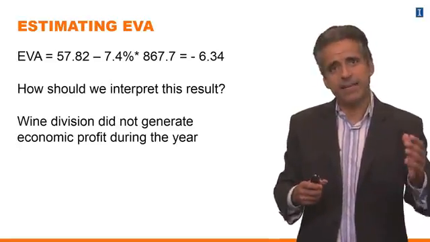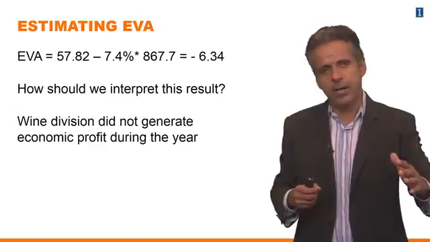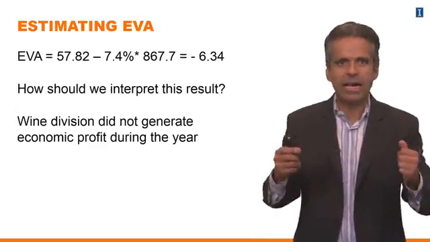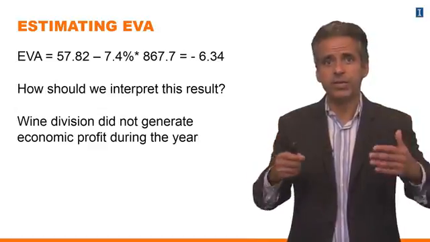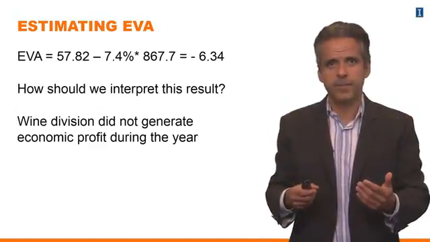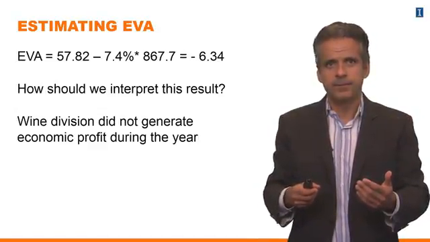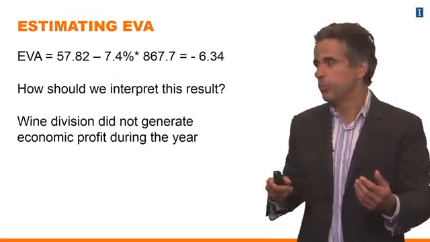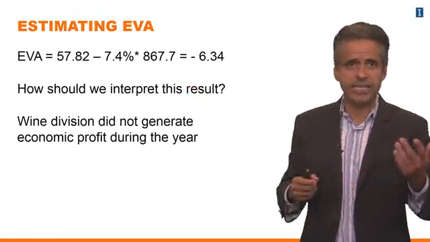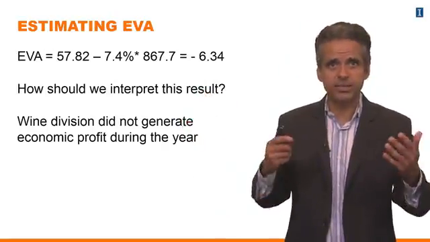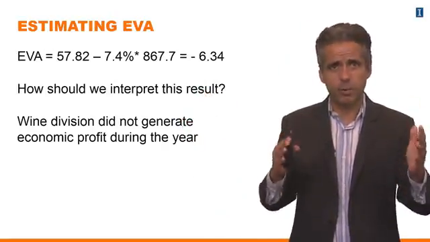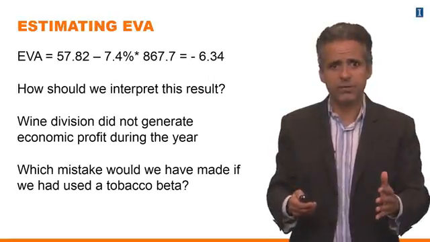It means that looking at that year in isolation, 2014, the wine division did not generate sufficient economic profits. Okay? The required profits would be 7.4% of the assets, which are bigger than the OPAT minus taxes, which is our estimate for the profits that the wine division actually generated.